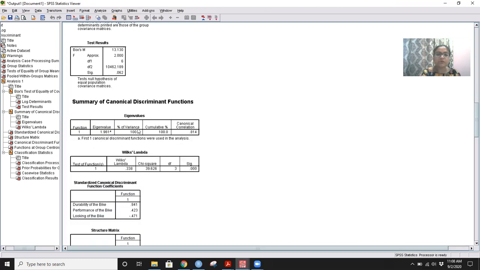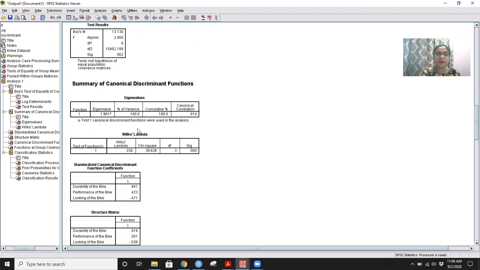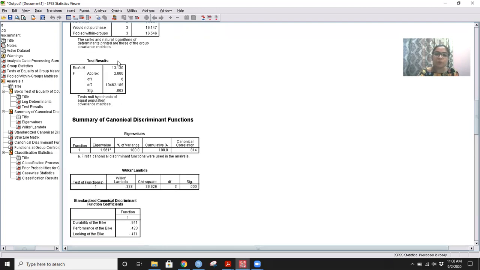Okay, so coming on to the summary of canonical discriminant functions. Okay, before that, please take it down that in discriminant function analysis, your Box's M test is highly sensitive if the normality assumption is not met. So basically, if your independent variables are not normally distributed, your Box's M test could show you otherwise. So the assumption will not be met.